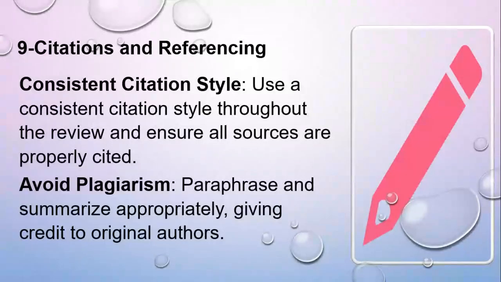And another important point, and I think this is one of the major points you need to consider, is avoidance of plagiarism. You can paraphrase, you can summarize, you can quote, you can write whatever, but you have to give credit to the authors. You have to credit the authors. All right.